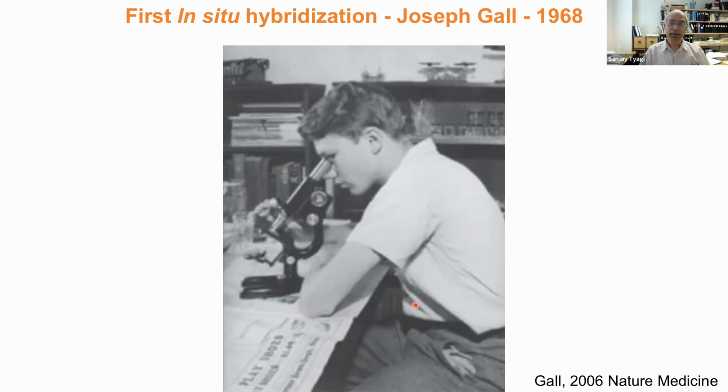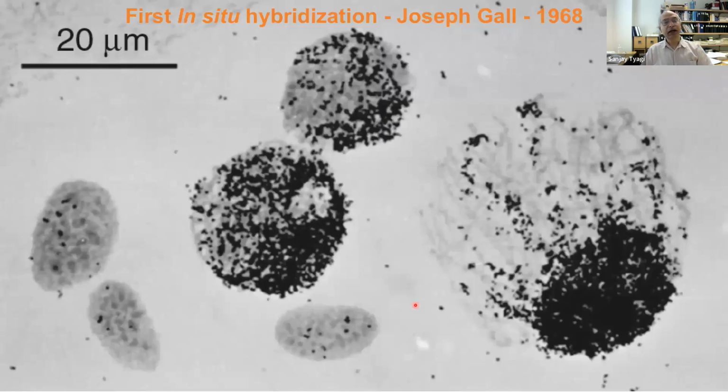So what he did was he labeled ribosomal RNA with radioactive phosphate. He basically took these frog eggs that he used to work on, incubated them with radioactive phosphate, and so most of the RNA that these oocytes, these frog eggs, synthesize was ribosomal RNA, and that got labeled.